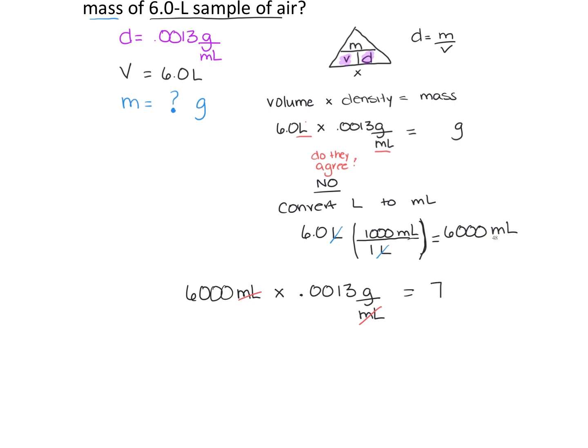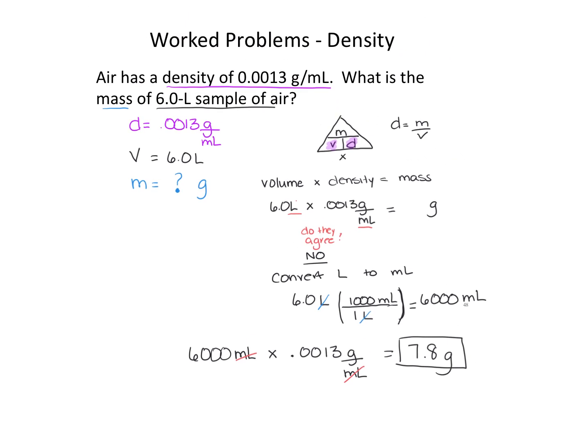Now, when you do this, you should get 7.8 grams with two significant figures, because when we go back up here, you always want to look at the numbers that are given. And when we look here, there are two significant figures, and when we look here, there are two significant figures. So you want to make sure your answer has the proper number of significant figures when we're multiplying. So two significant figures would be the correct answer.